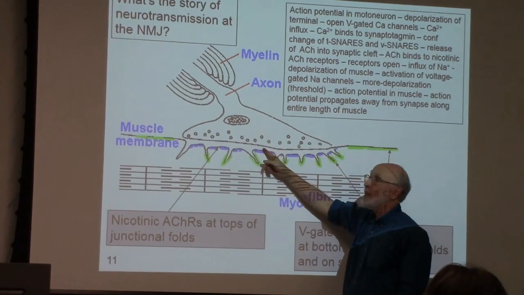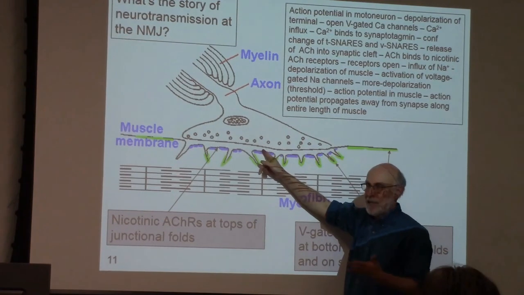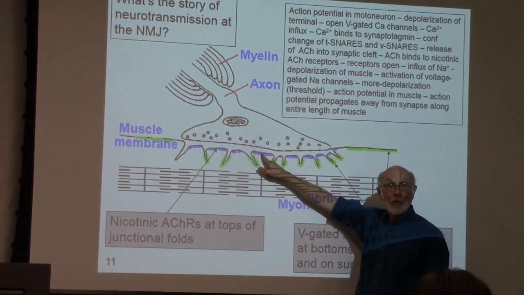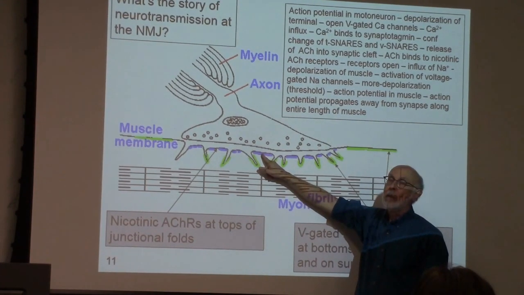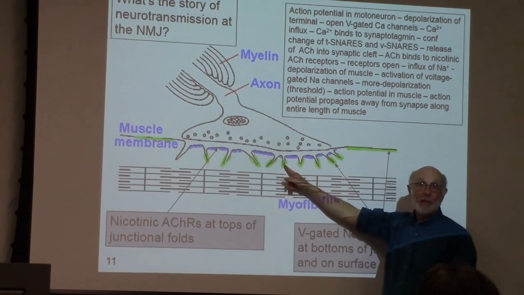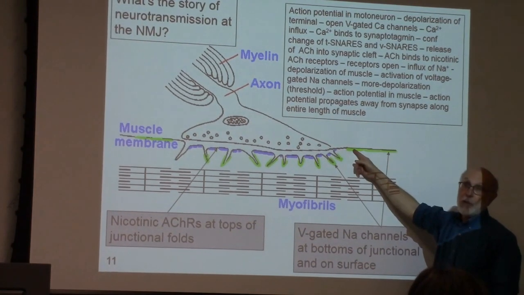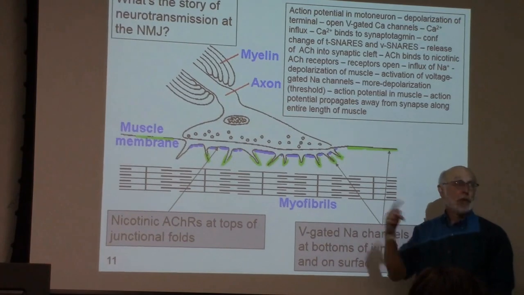Fusion. Release of acetylcholine. That's a key neurotransmitter. Acetylcholine receptors. Sodium influx. Depolarization. Activation of voltage-gated sodium channels. Action potential. Propagation to the T-tubule.